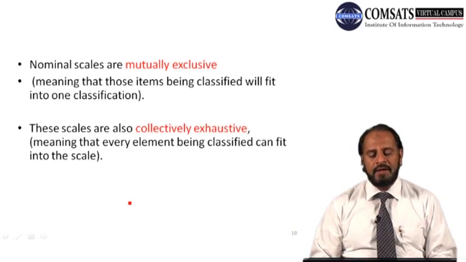This is what we mean by collectively exhaustive. Mutually exclusive means we don't have an overlapping category. Sindh is a separate province, whereas Punjab is a separate province. If you are saying your domicile is from Sindh, you cannot tick the option that your domicile is of KPK, which is not possible.